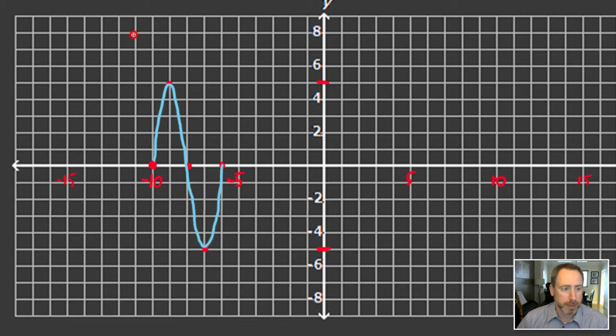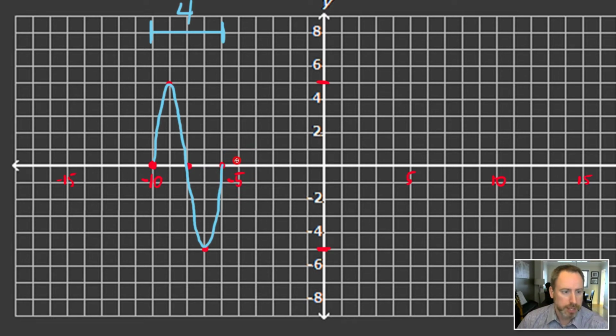And so that's my period. My period, let me just draw that out, of 4. I've got my maximum height, or my amplitude, of 5. Same thing with my minimum, which is -5.